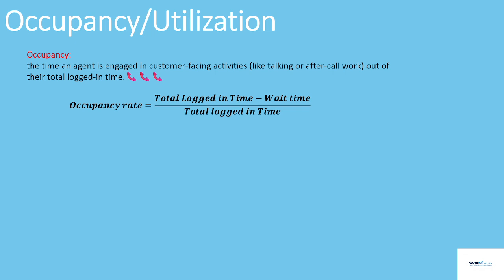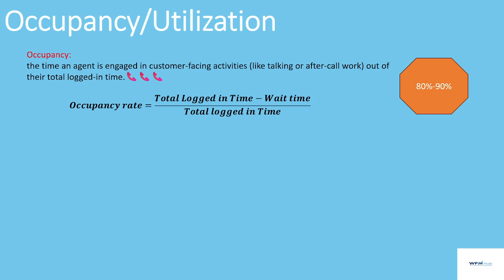For example, if you have five hours per day out of your shift, the pure logged in time means you are handling a customer or you are idle, waiting for a customer to call. This we call total logged in time. When we exclude the wait time, we call it the handled time. When you divide this handle time over the total logged in time, it gives us the occupancy rate.